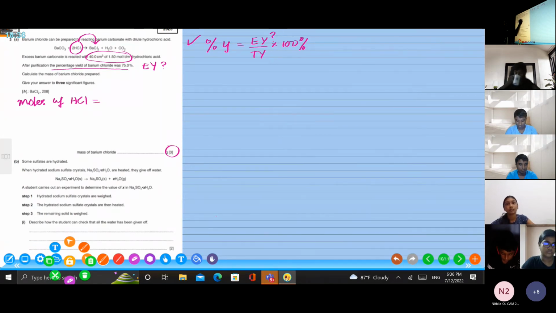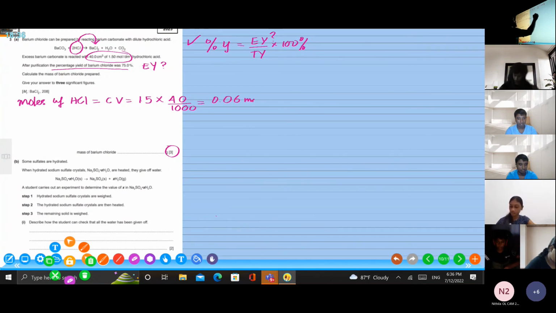So you use n equals CV. Concentration is 1.5, 40 divided by 1000, so you will get 0.06 moles. Am I correct? Yeah, 0.06.